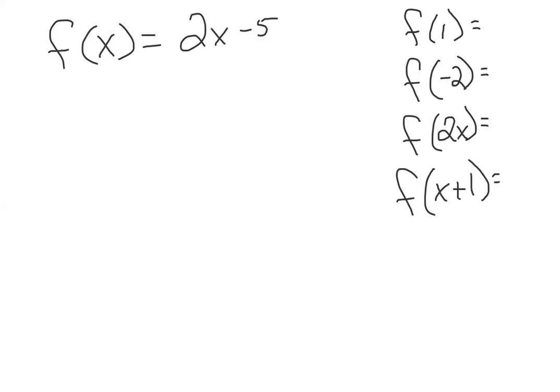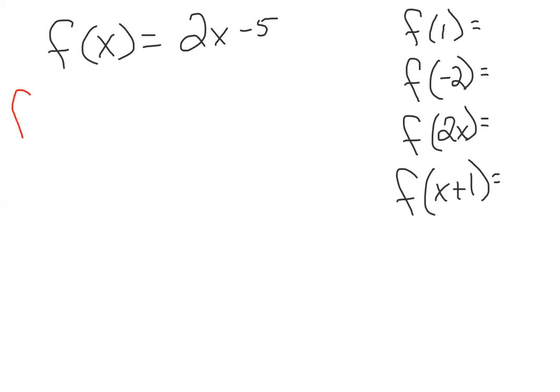All right. So using what I just said, go ahead and pause the video, try it. Remember, whatever's in the parentheses is what you plug in for the X. So give it a shot, see what you get. All right. If you've done all 4, welcome back. If not, you just come through it.